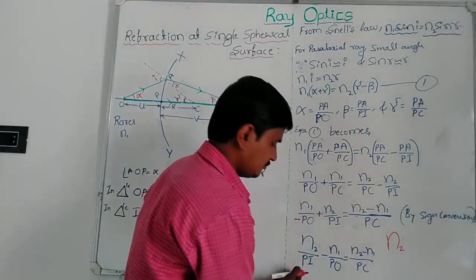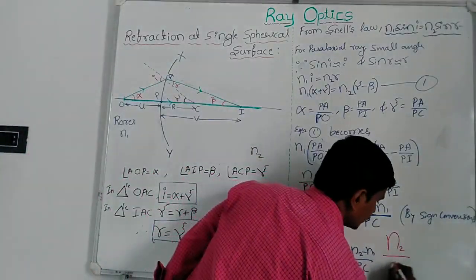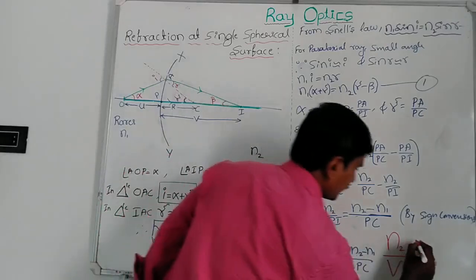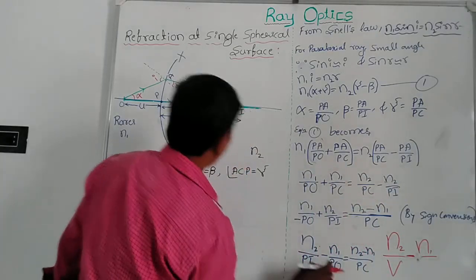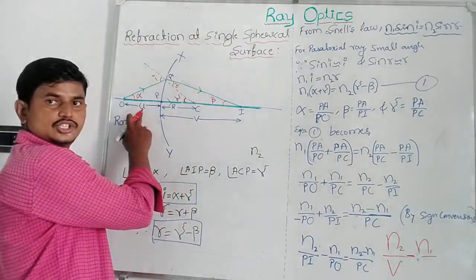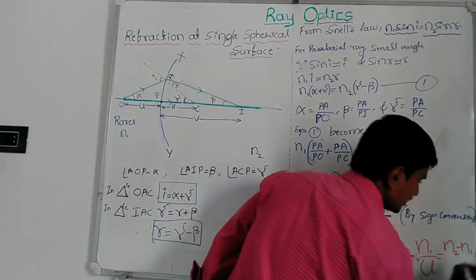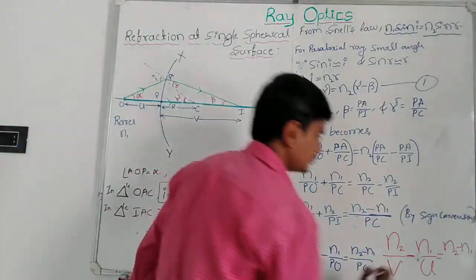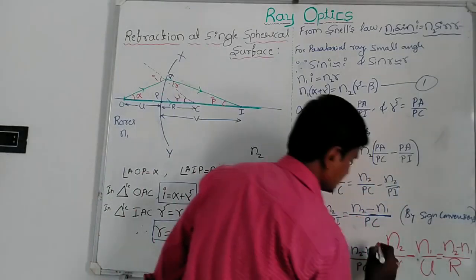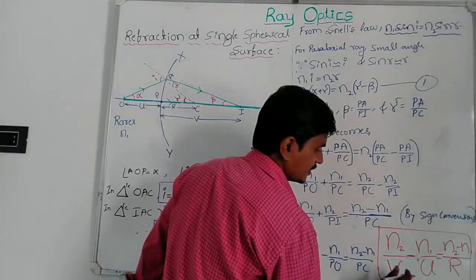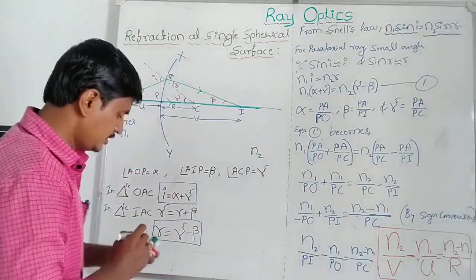PI is the pole to image distance, the image distance, taken as v. PO is the distance from pole to object, the object distance, taken as u. PC is the distance from pole to center of curvature, taken as the radius of curvature R. So this is the relationship between object distance u, image distance v, refractive indices and radius of curvature. This is the relation.